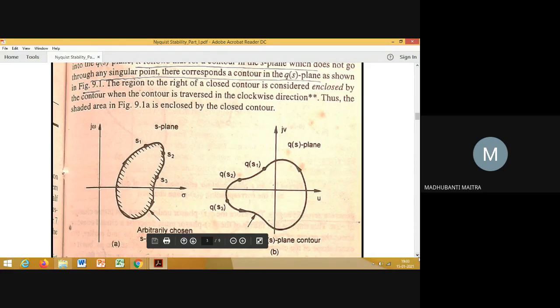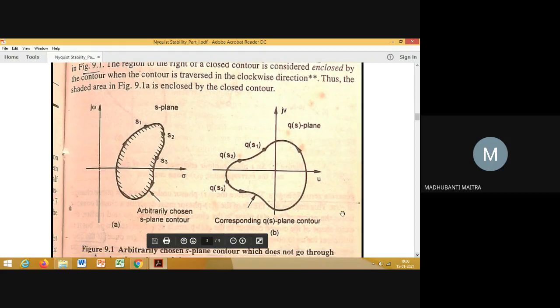Now, we are not really concerned about the shape of the closed contour that we are getting on the Q(S) plane corresponding to the closed contour that we have chosen on the S plane. We are not interested in the actual shape of the contour. Instead, we are interested in whether that particular contour encloses the origin of the Q(S) plane or not.